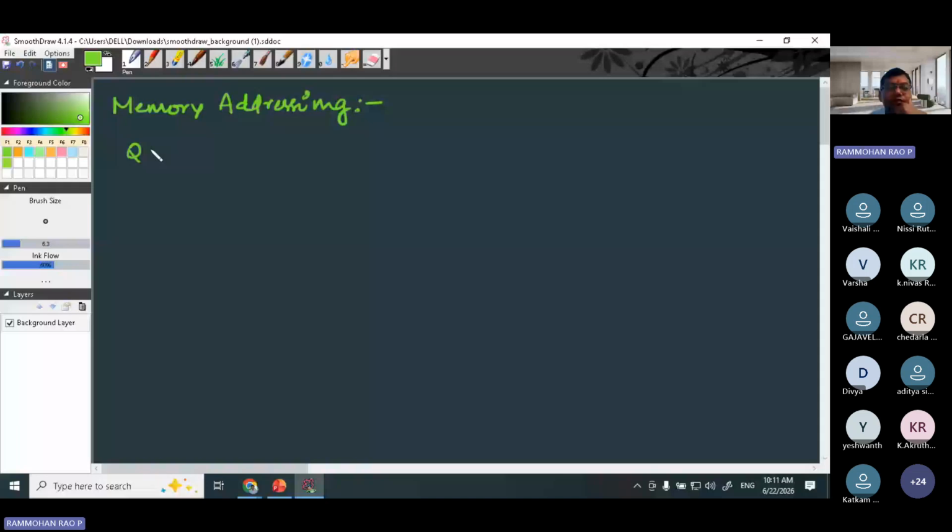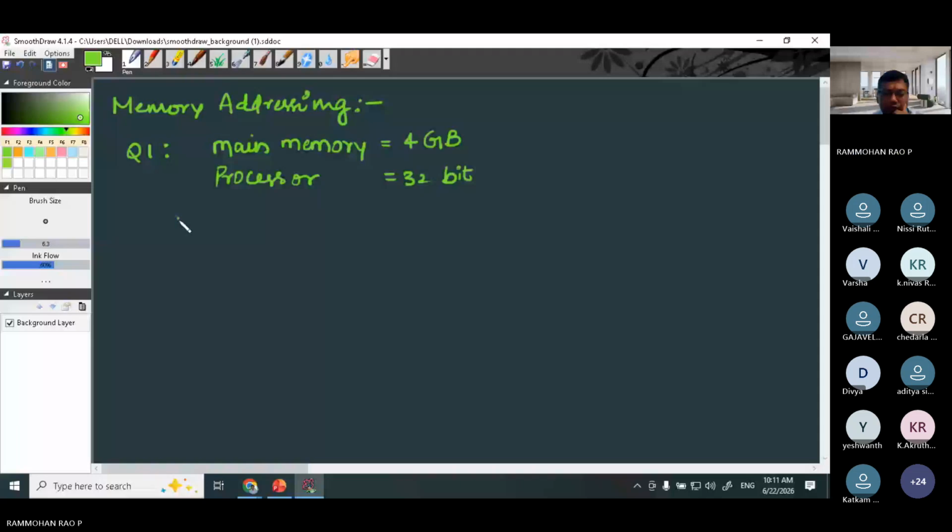In this question, the main memory is 4 GB, 4 gigabyte, and the processor is a 32-bit processor. I want you to find the total number of address bits.